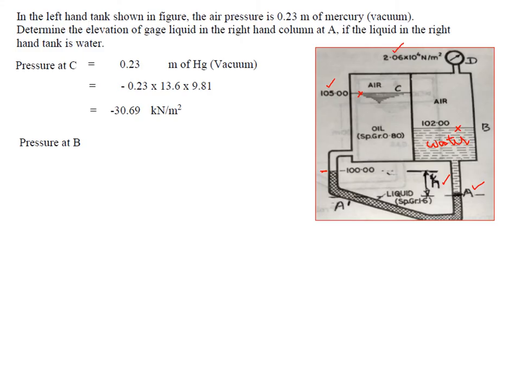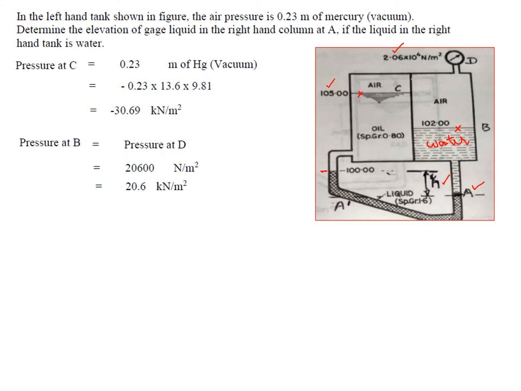You can divide by 1000 to convert into kilonewtons. So therefore the pressure at B is nothing but pressure at D, which is given as 2.06 into 10 raised to 4. You can divide by 1000 to convert into kilonewton per meter square, which is 20.6 kilonewton per meter square. So now you know the reference points on the left limb as well as on the right limb.